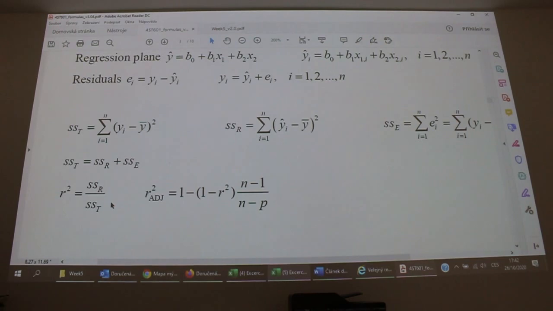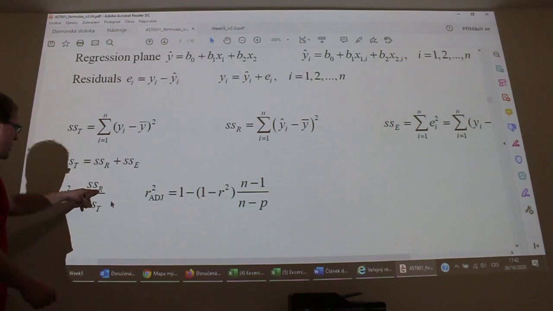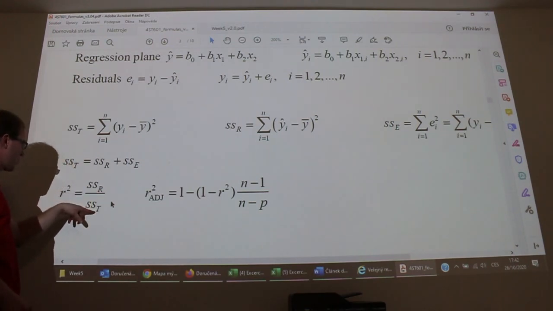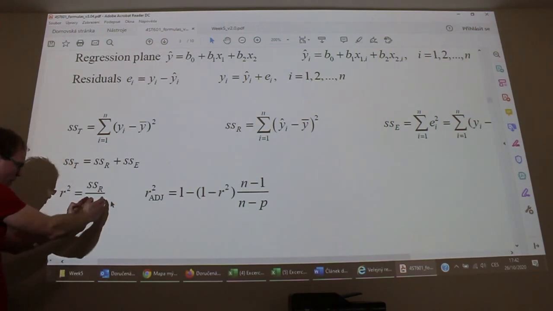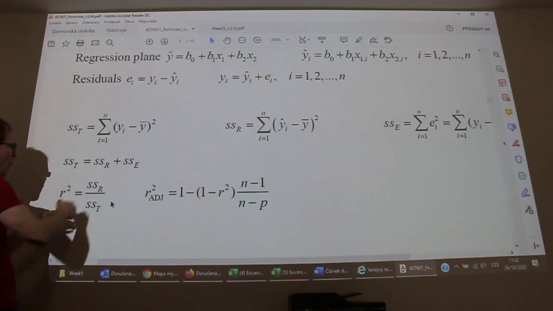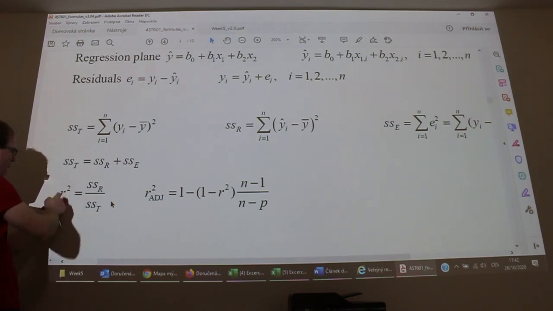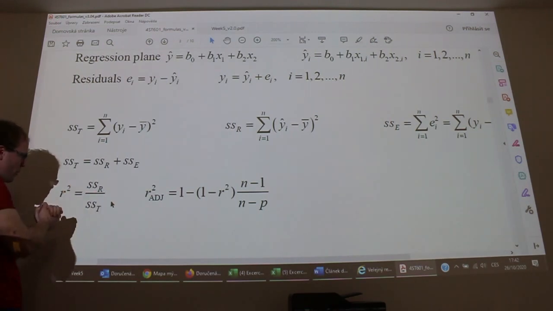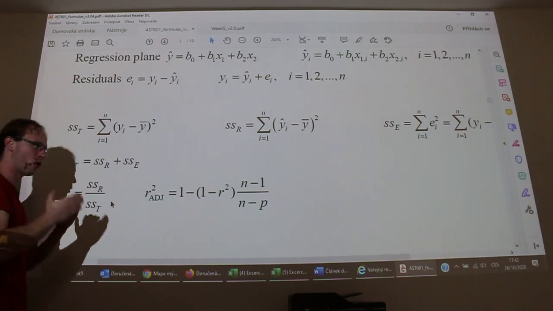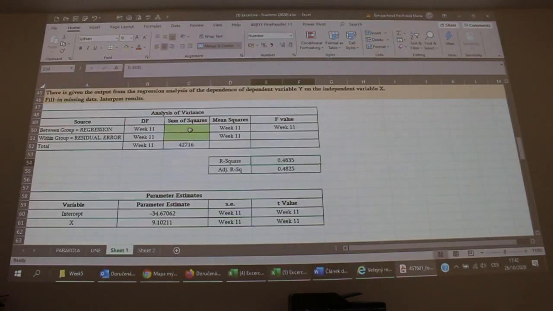R square is a ratio of regression sum of squares and total sum of squares. If you move this total sum of squares here, like multiplication, you will obtain the regression sum of squares. So we will multiply R square and total sum of squares, and the result will be the regression sum of squares. Please do this and calculate it here.